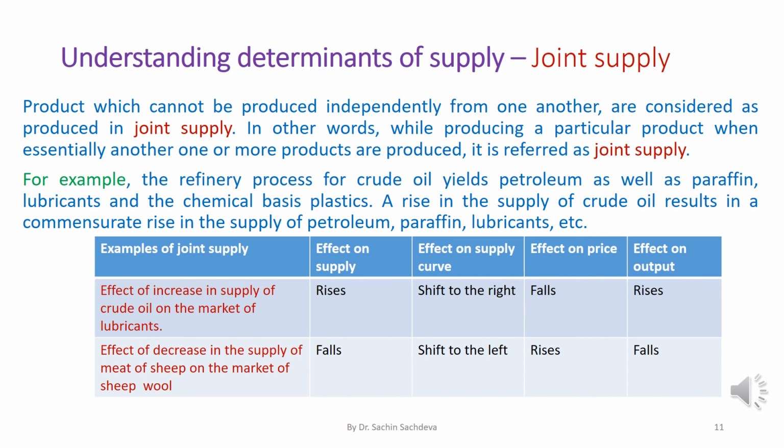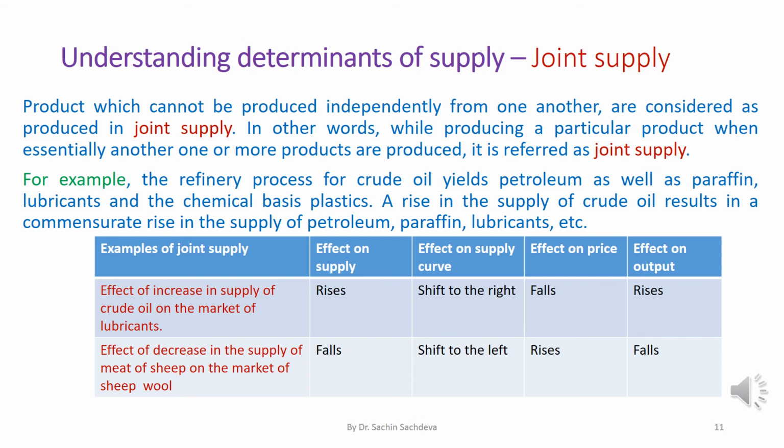call it joint supply. Like while refining crude oil, it yields petroleum as well as paraffin, lubricants, and chemical base plastics. Therefore, if there is a rise in the crude oil supply, there will definitely be a rise in petroleum, paraffin, lubricant-like products. As per one fact, in the refinement of crude oil, some 1500 byproducts can be produced simultaneously.